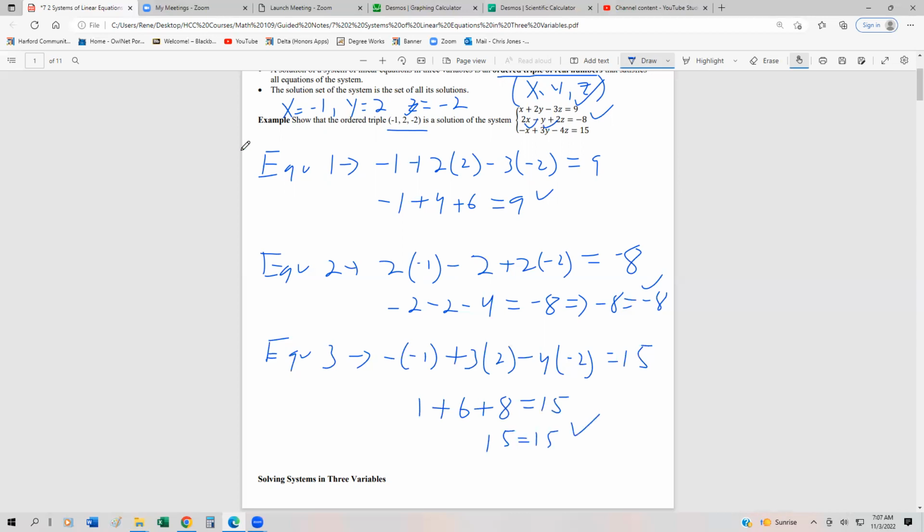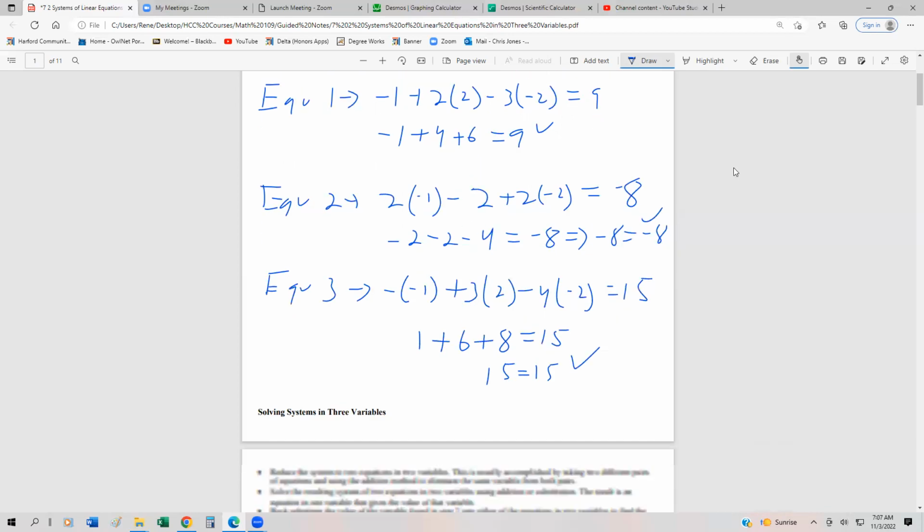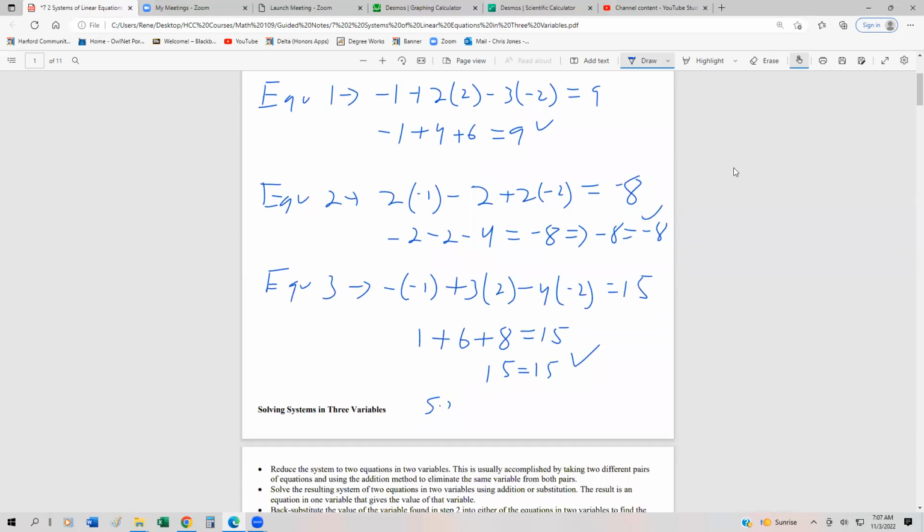So the answer is that it is a solution. Since -1, 2, -2 satisfies all three equations, it is a solution. It might not be the only solution, but it is a solution.